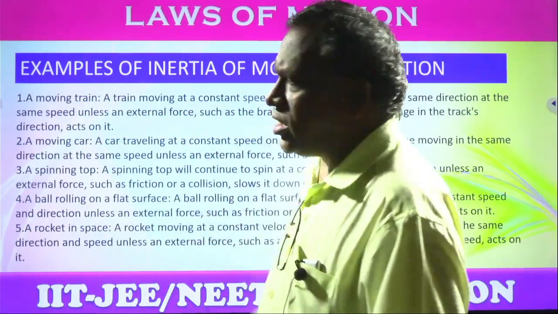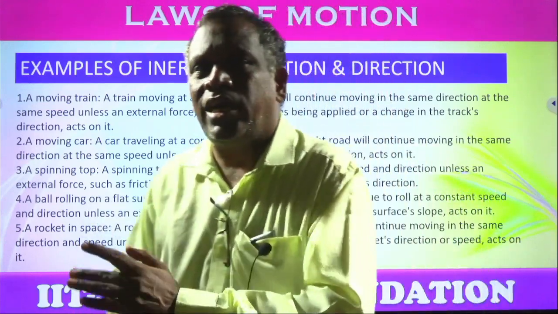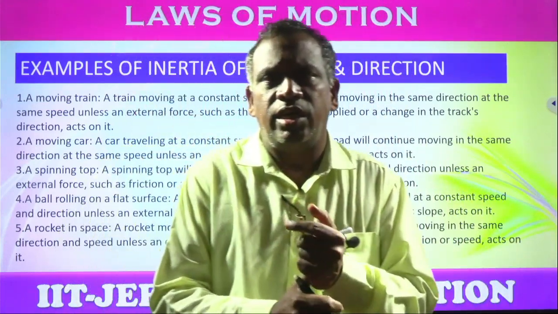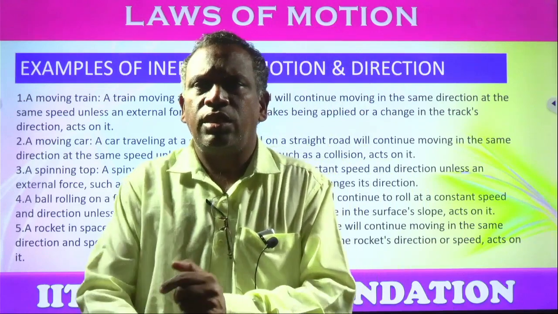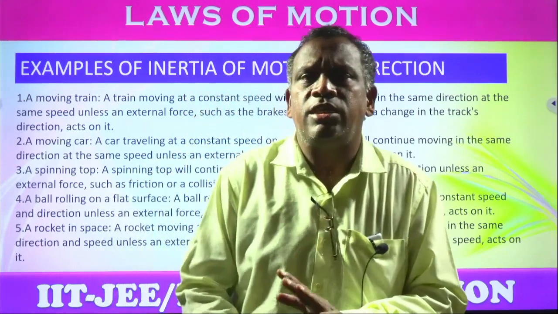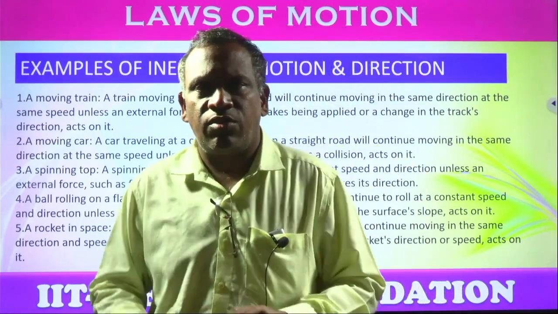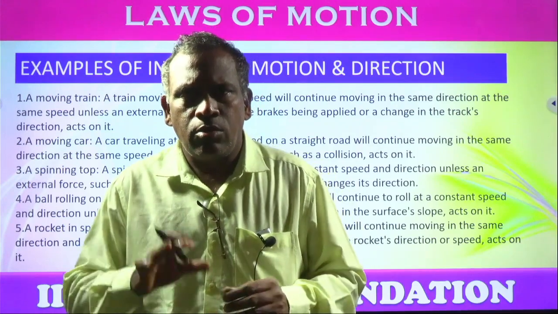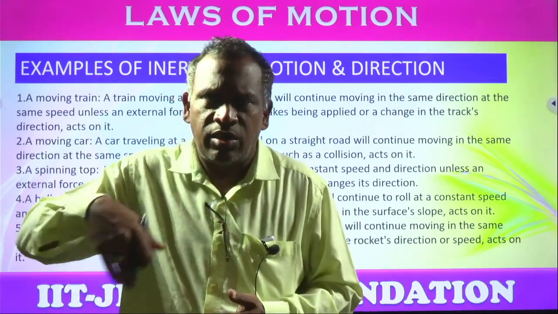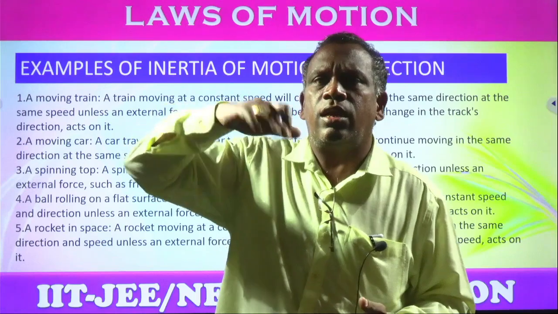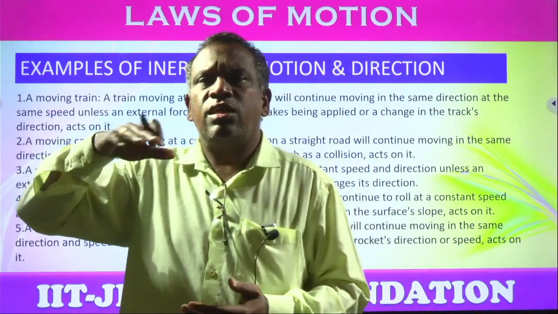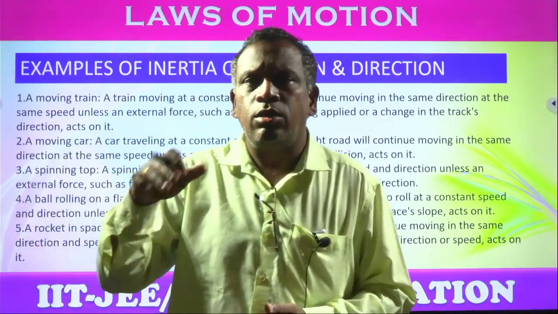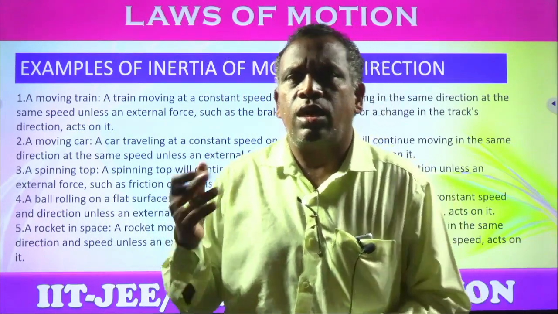Now inertia of motion and direction. Inertia of motion is the inability of a body to change its motion by itself. If a body is moving, say a satellite moving in a circular path, inertia of motion helps it continue the motion in the circular path.